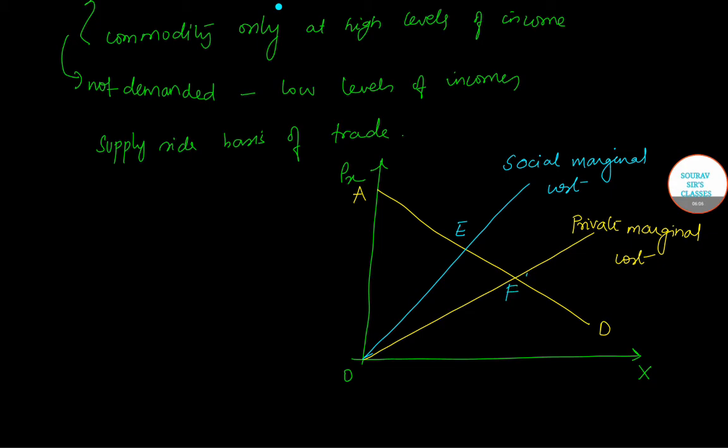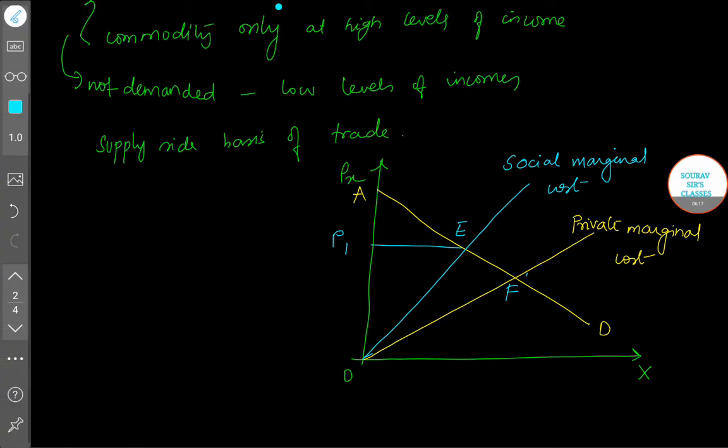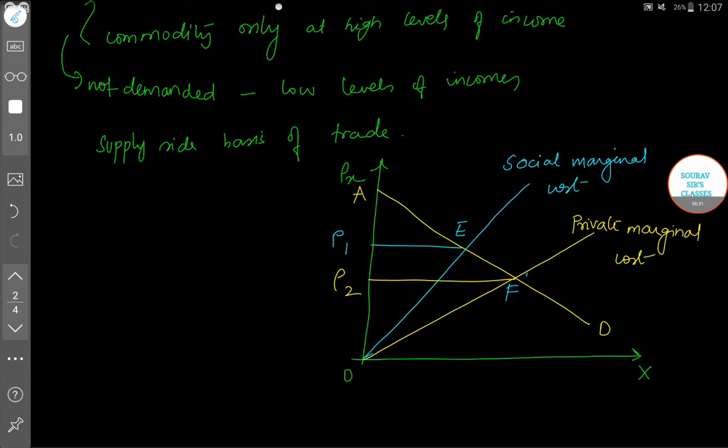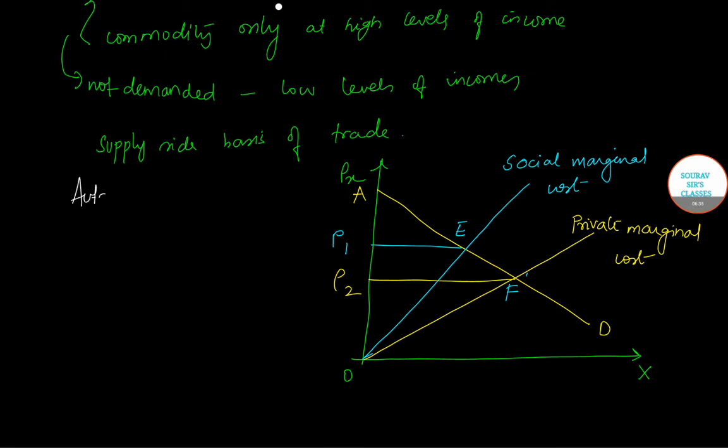Now I'll mark the two prices. So this is P1, and this is our P2. Now let me pick another color so it becomes easy. So autarky, we will define the diagram we have just drawn.